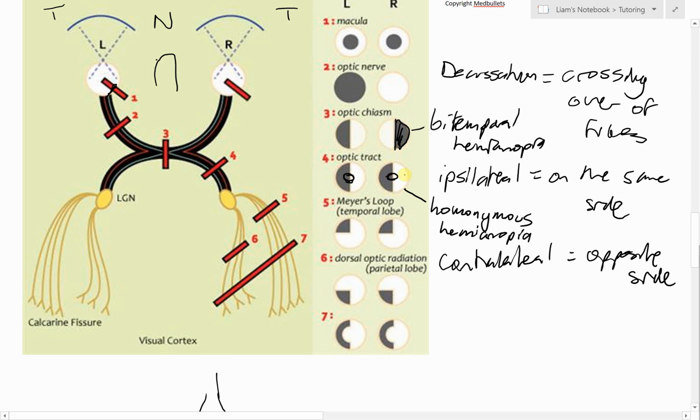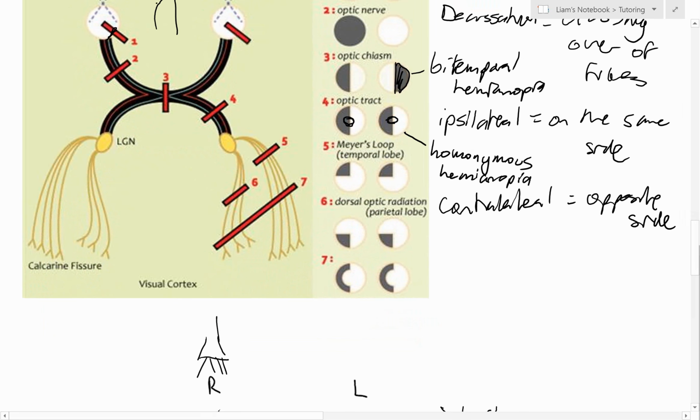So this area will still have vision in it. That's because the area in the brain that processes the macula has dual blood supply. So if we get an infarct back here in our posterior cerebral artery, we'll see defects similar to a homonymous hemianopia, but with the macula spared, because a separate blood supply will keep supplying the macular processing region. That's just a cool thing to keep in mind, I guess.